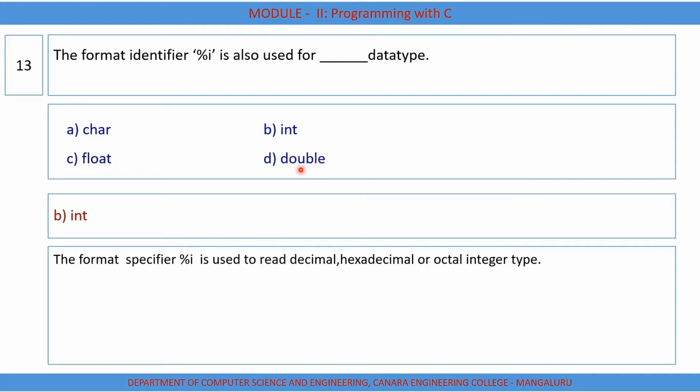Double is again used to represent fractions and the format specifier is %lf. Now int is usually represented by %d, but %i can also be used to represent integers, that is, to read decimal, hexadecimal or octal integer type.